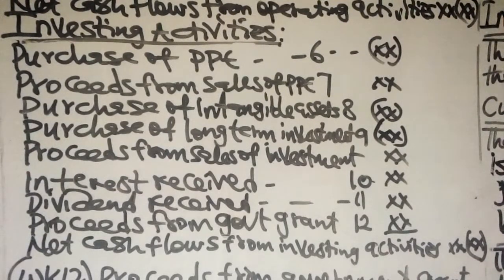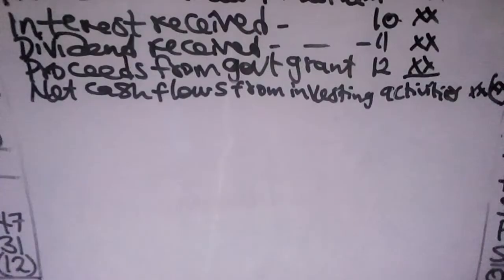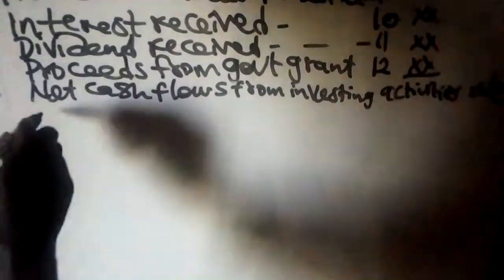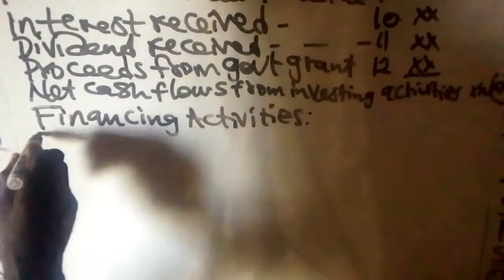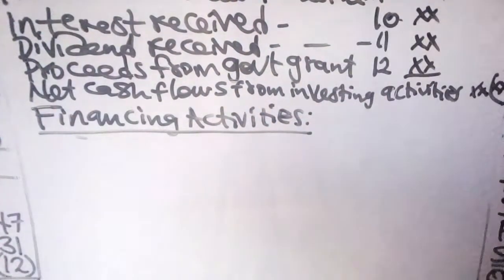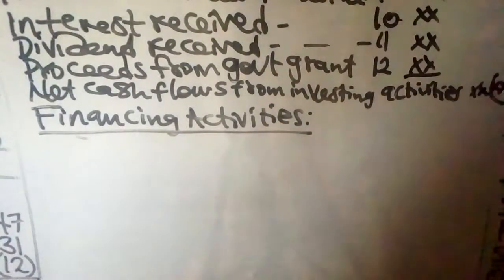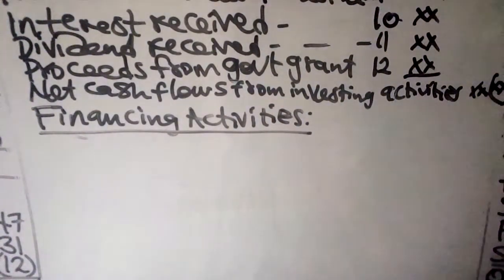The next one is the third heading, which is financing activities. I've told you that financing activities result in changes in equity and long-term borrowings.